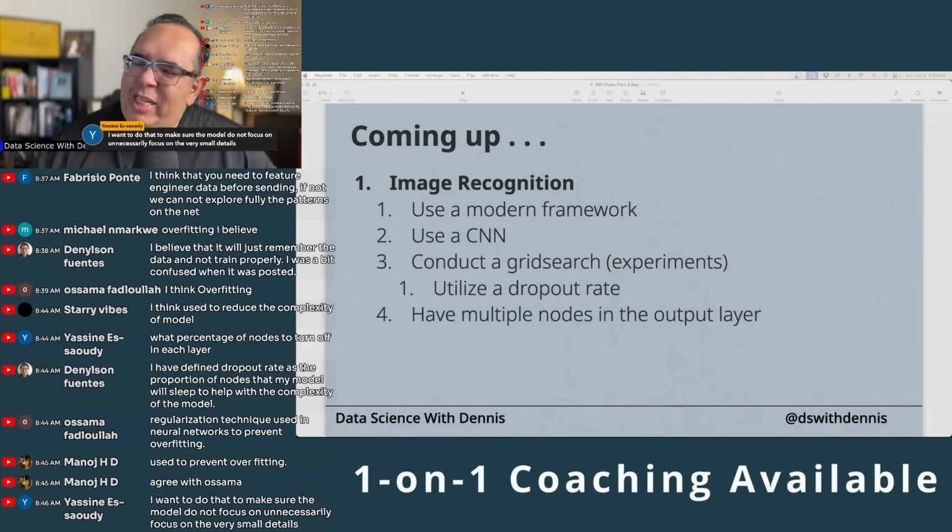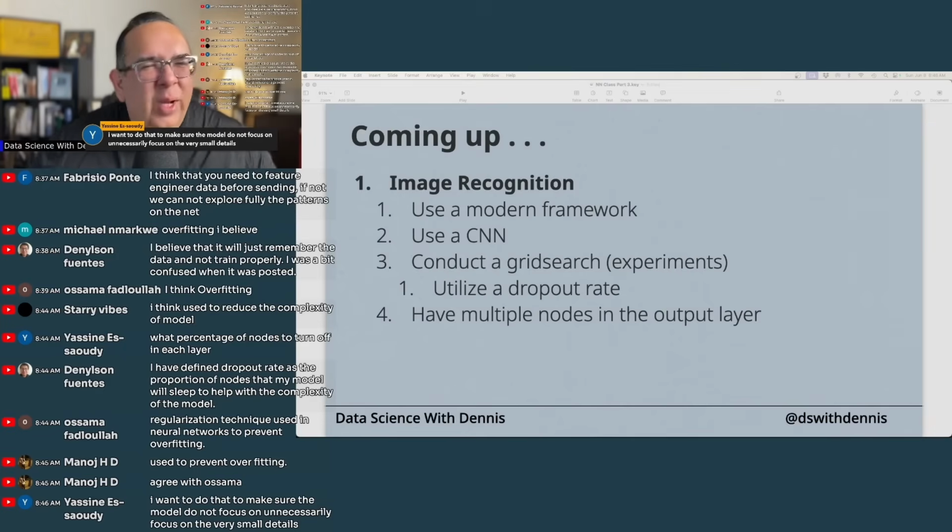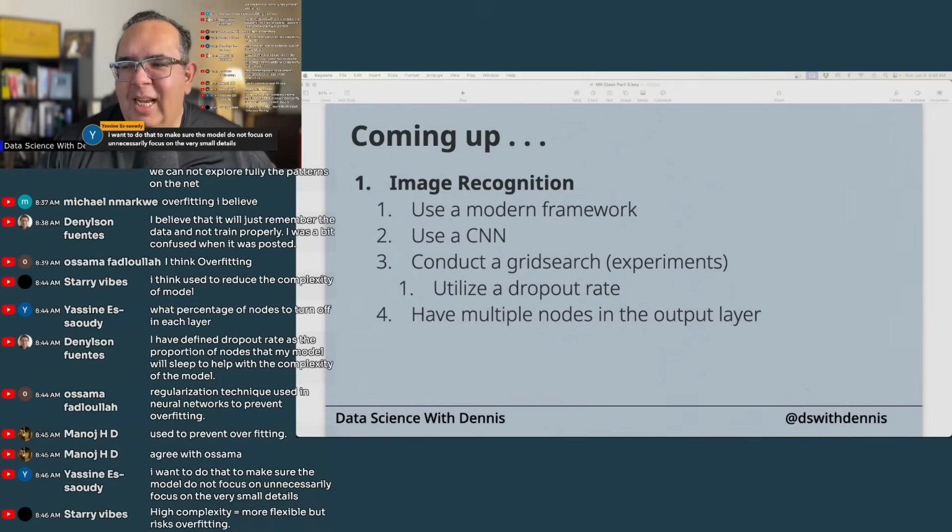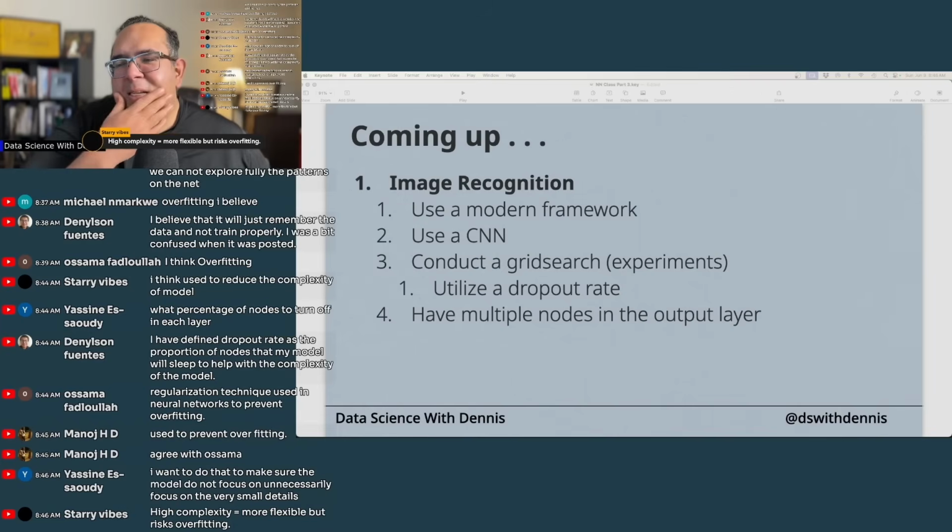Oh, Yassine, but what is small? What is small? The neural network doesn't know that, right? The neural network doesn't care. Yassine, buddy, I love you, but I'm not on board with that answer. Starry Vibes says high complexity is more flexible but risks overfitting.